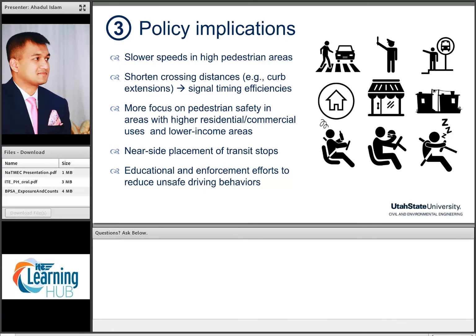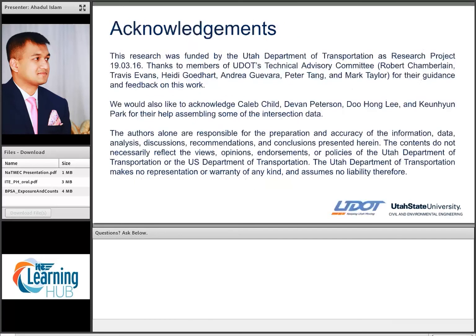Finally, the significant positive link between driving under influence, drowsy and distracted driving and crash severity further highlights the importance of education and enforcement efforts to reduce this unsafe driver behavior.